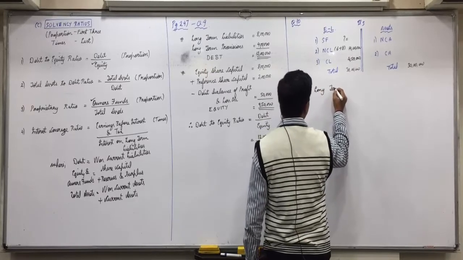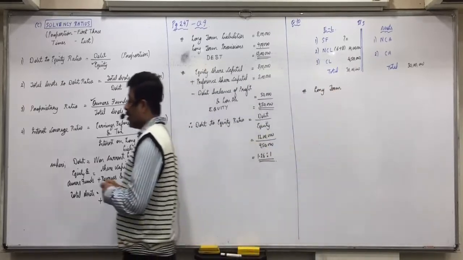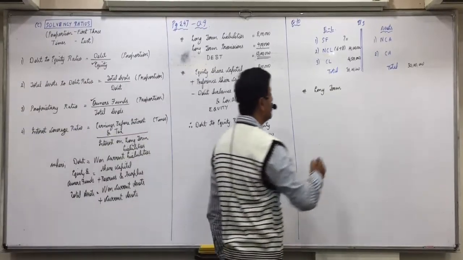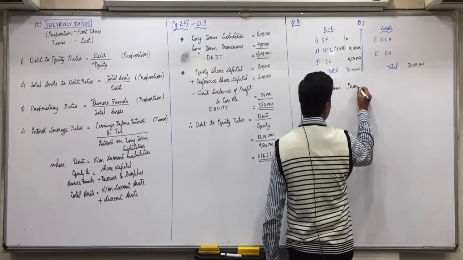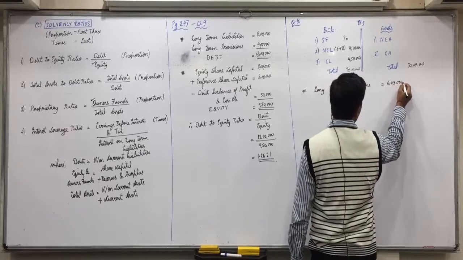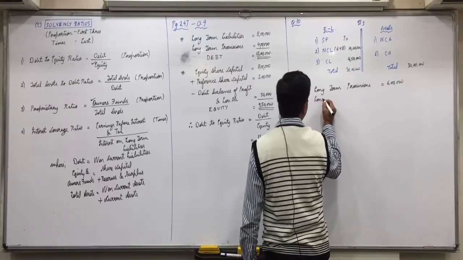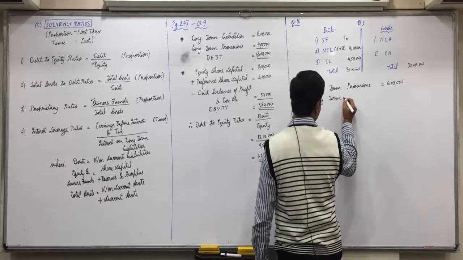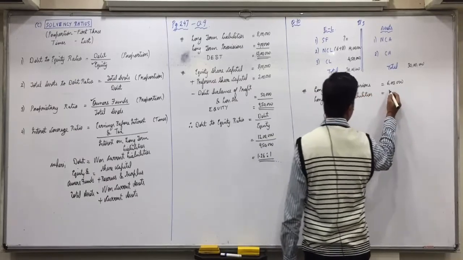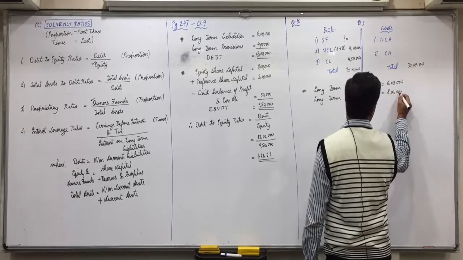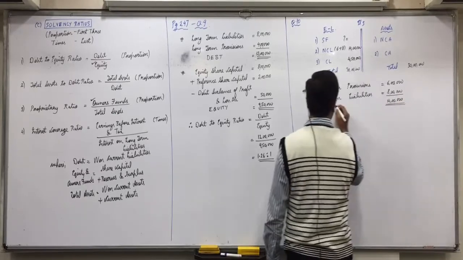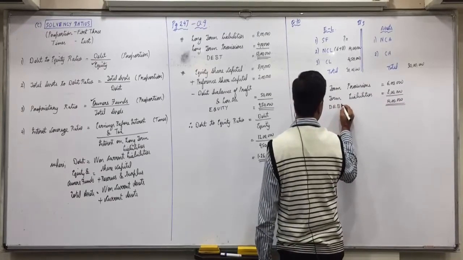Long-term provisions are 6 lakhs. Then long-term liabilities are 8 lakhs. So debt is 14 lakhs. That is non-current liabilities.